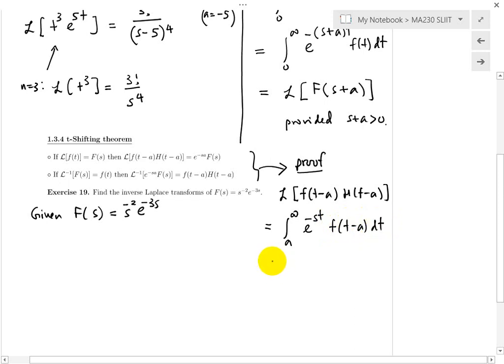Okay, now here use a substitution. Let's say you use t minus a to be x. Can you do this substitution?